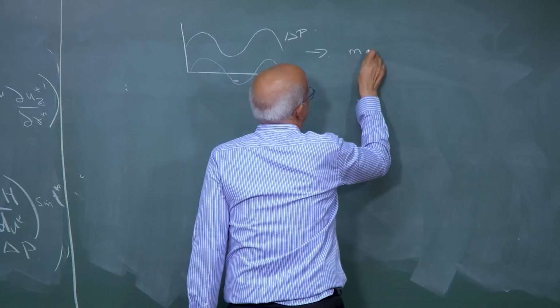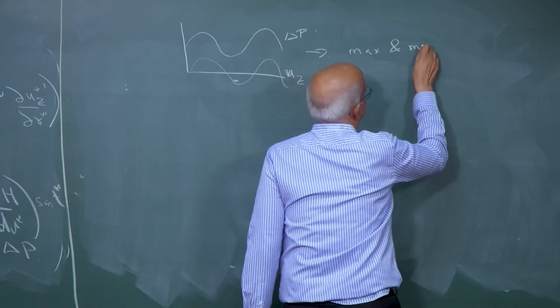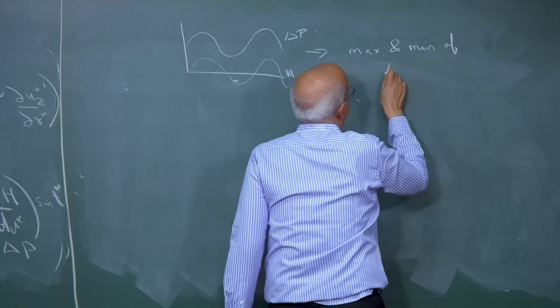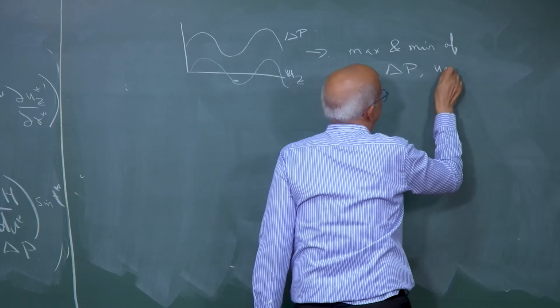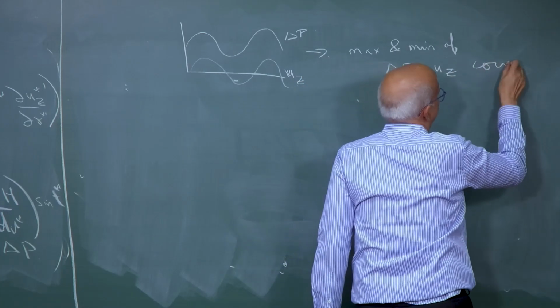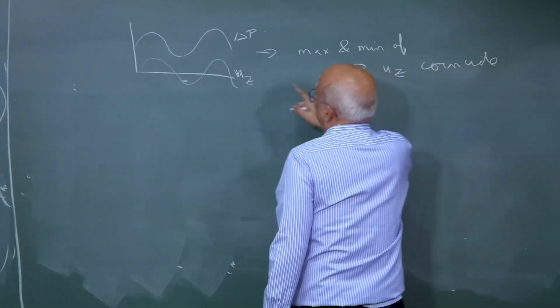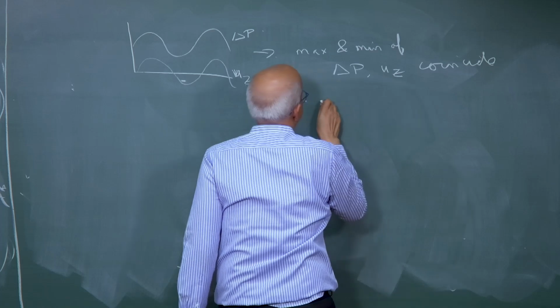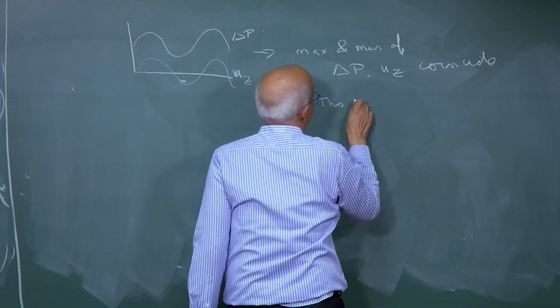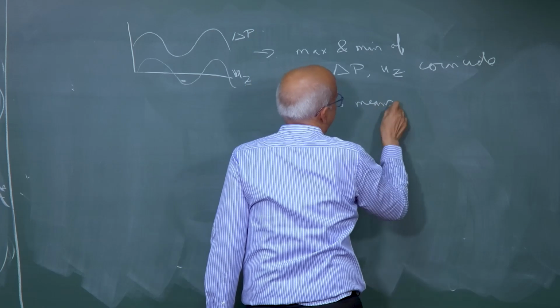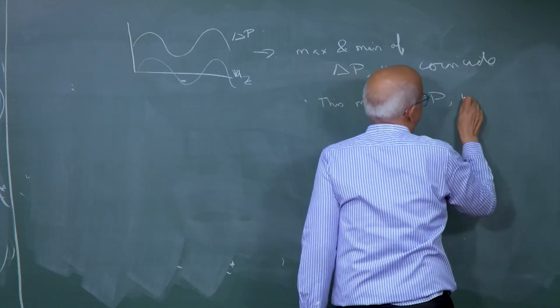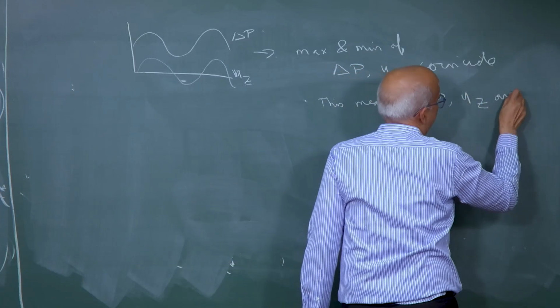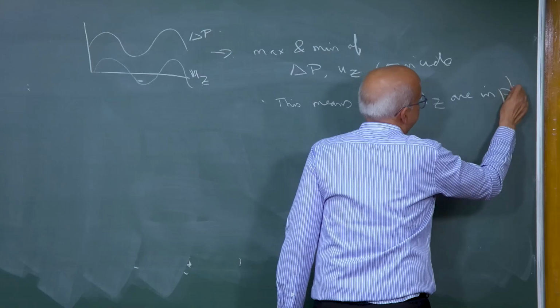The maxima and minima of delta p and uz coincide. This maxima and this maxima, this minima, they coincide, and this means delta p and uz are in phase.